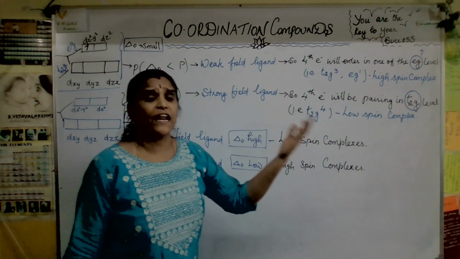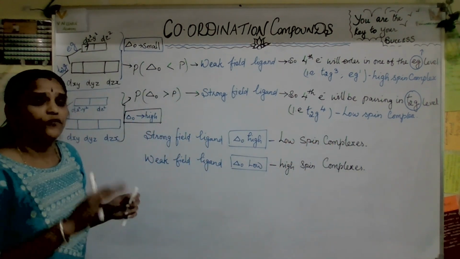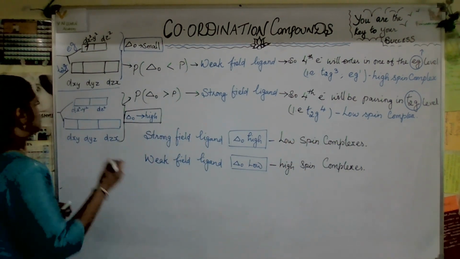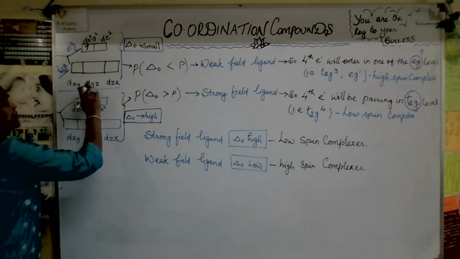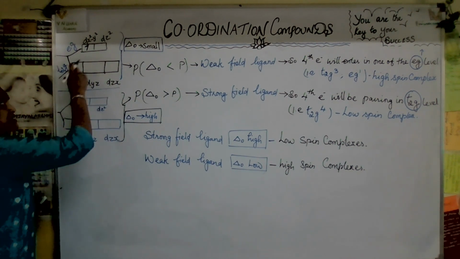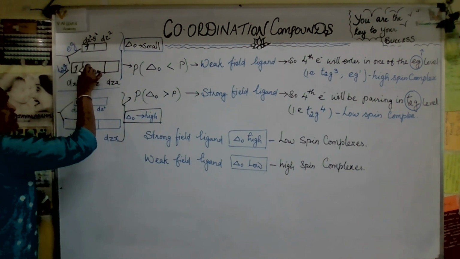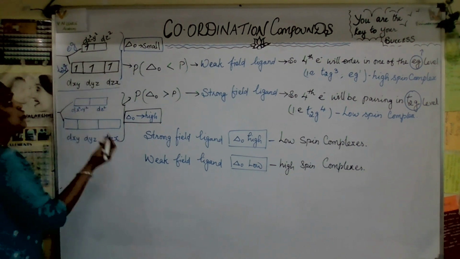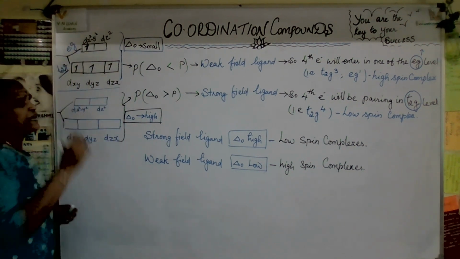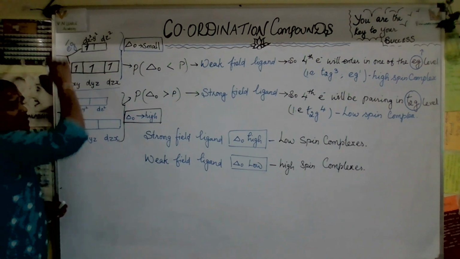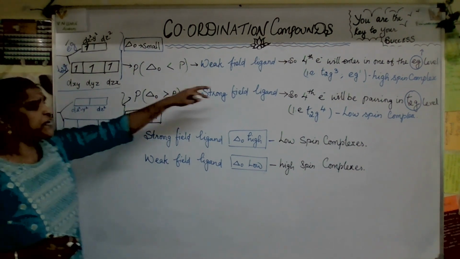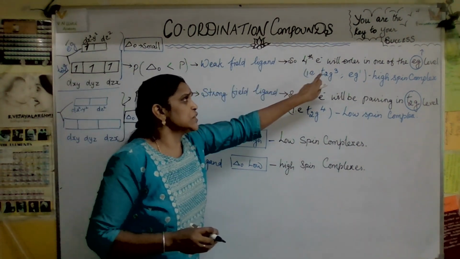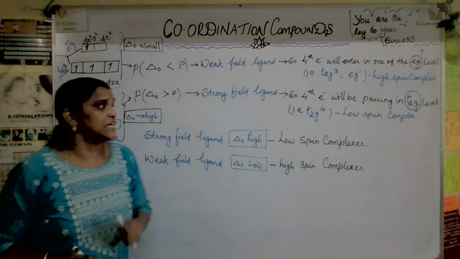So where will the fourth electron go? Suppose four electrons are in one complex: dxy, dyz, dzx form the T2g level. The first, second and third electrons occupy it, and the fourth electron goes to the higher level, the Eg level.